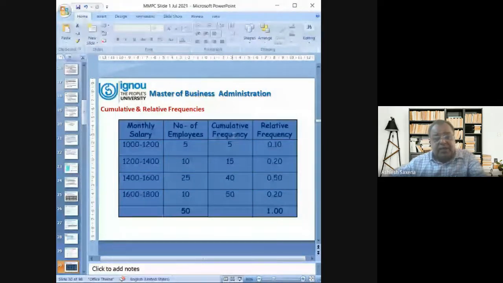You may make errors while calculating, so you can go back and see where you made a mistake. And the third column is relative frequency, which is the relativeness of a particular value to the total frequency.